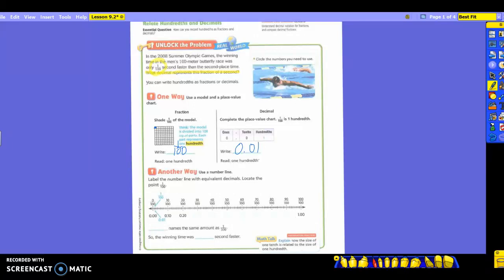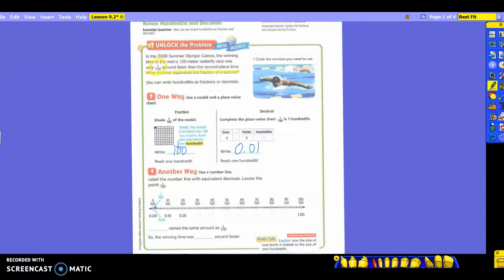That little bitty line is 1/100th. So do you see how small 1/100th is going to be? Well, you can see it here in this model also, that that's as big as it is. And then when you look on a number line, you have all this stuff, but where is that one little mark? Right at the very beginning. So you're going to put a little dot right there on that first small one.